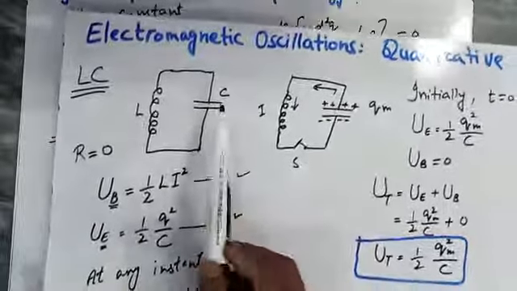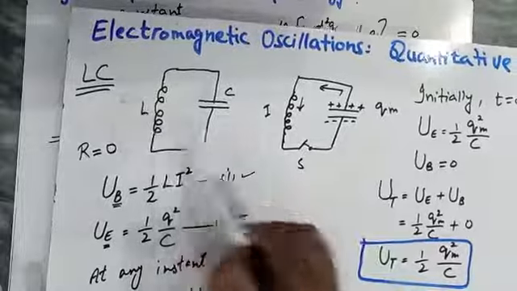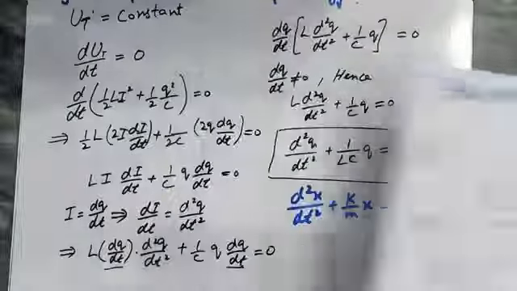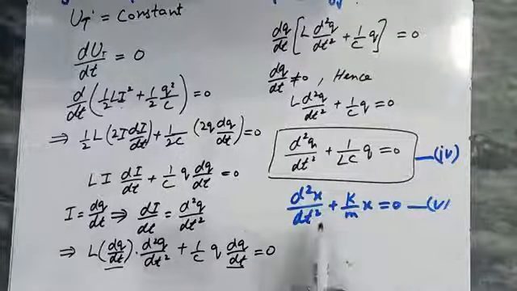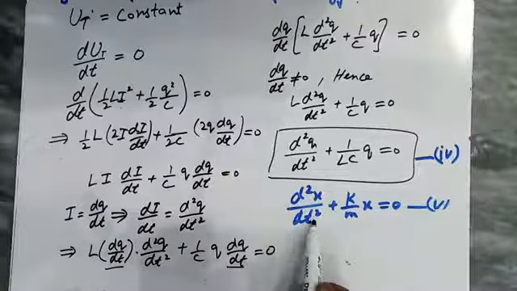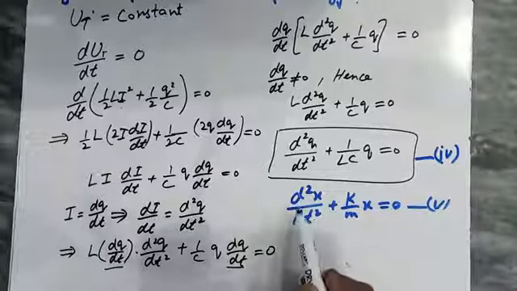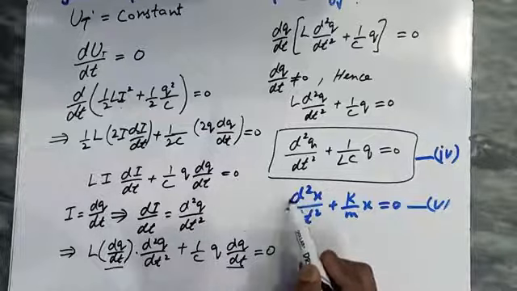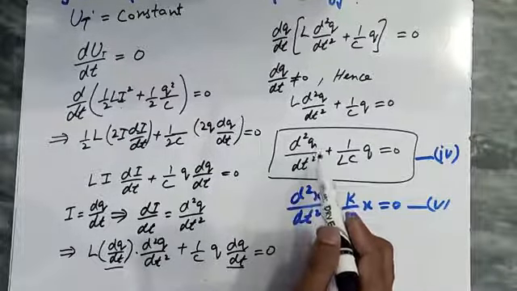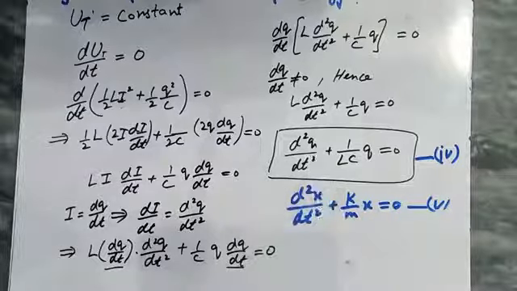That's why in LC circuit oscillations are named as electromagnetic oscillations. And here in mechanical oscillator, we talk about kinetic energy and potential energy, that is a mechanical energy. So this equation is equation for mechanical oscillator and this is equation for electromagnetic oscillator.